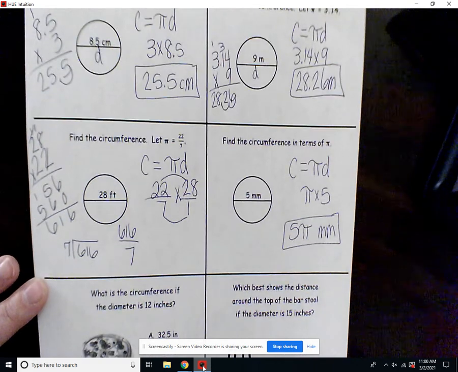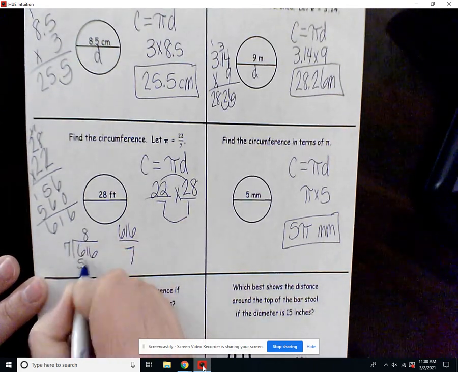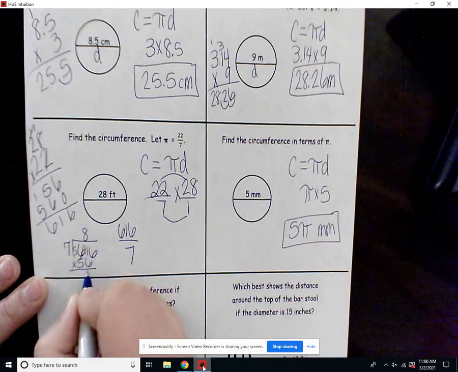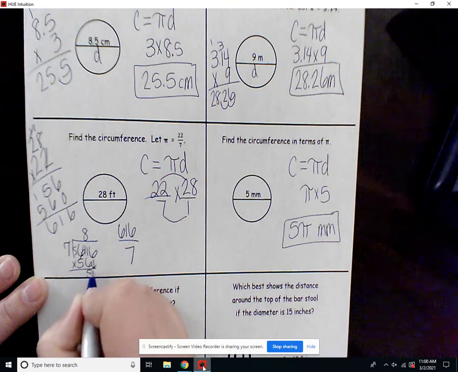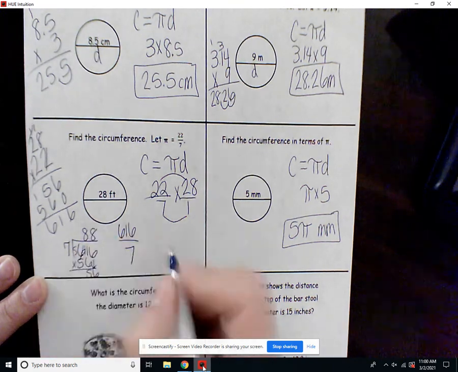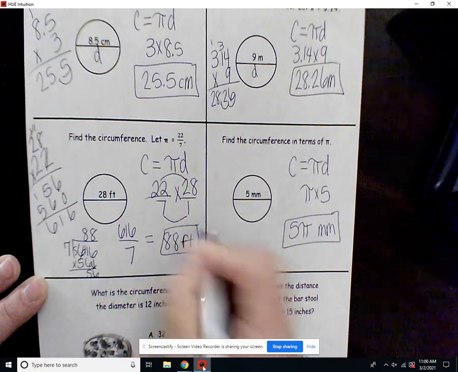So 7 will go into 61 8 times, which is 56. And then 7 will go into 56 8 times. So this one turned out to be a whole number of 88 feet.